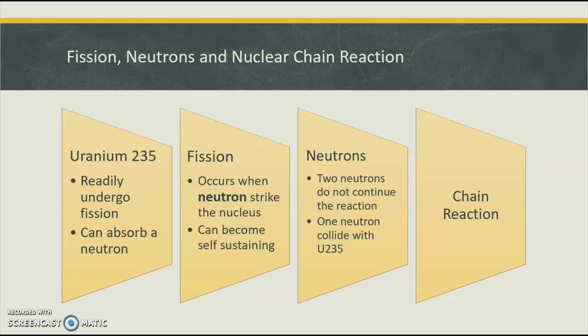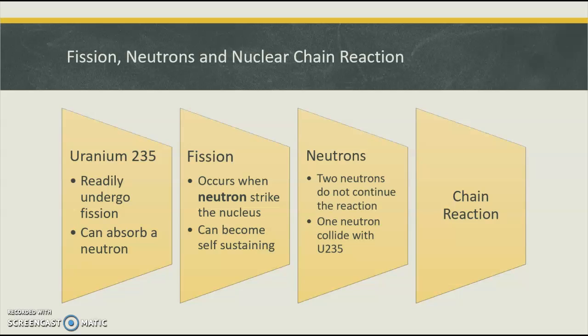When a U-235 atom absorbs a neutron and fissions into two new atoms, it releases three new neutrons and some binding energy. Two neutrons do not continue the reaction because they are lost or absorbed by a uranium-238 atom. However, one neutron does collide with an atom of U-235, which then fissions and releases two neutrons and some binding energy.